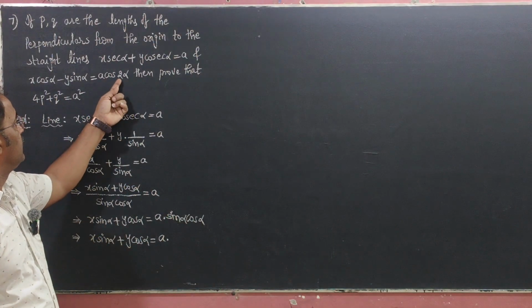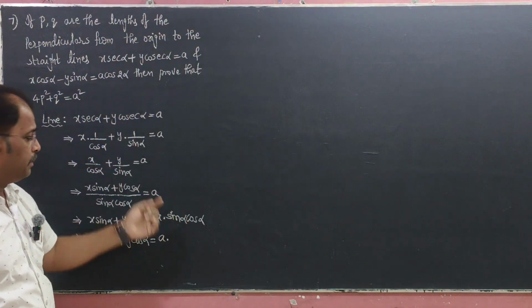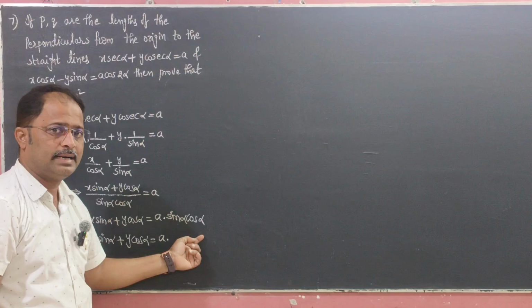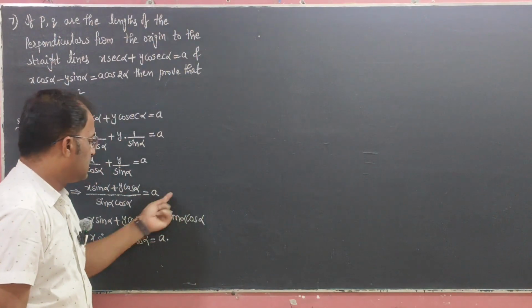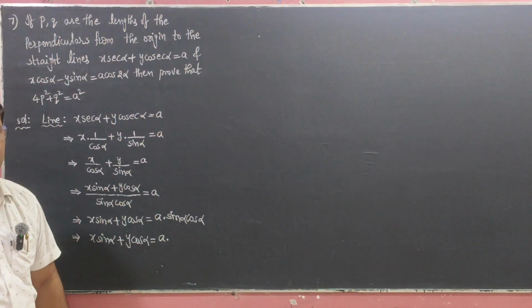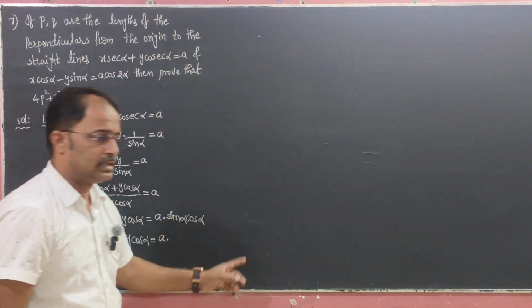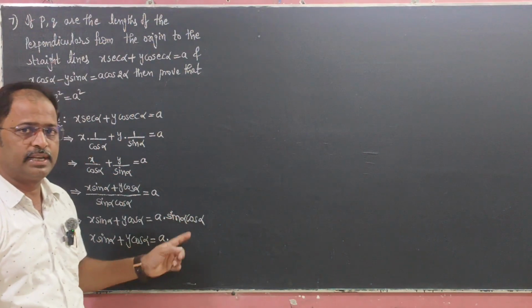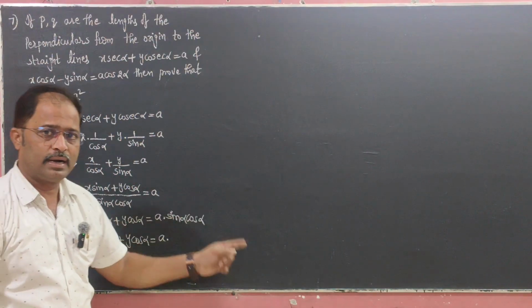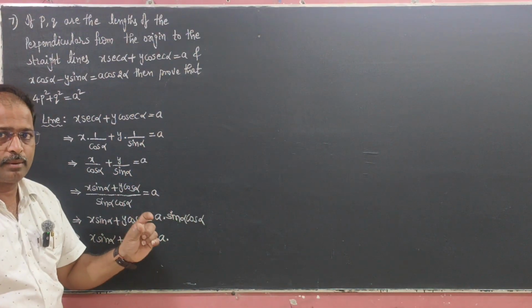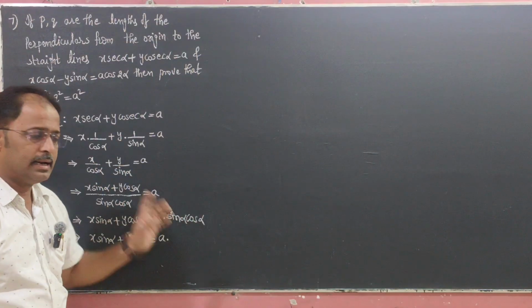What is the sin 2 alpha formula? Sin 2 theta is 2 sin theta cos theta, so sin 2 alpha is 2 sin alpha cos alpha.